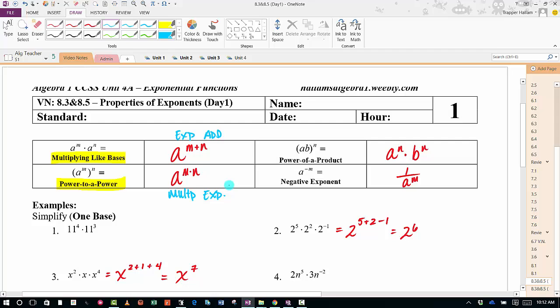All right, so the next one is what we call power of a product. What that means is that you've got a couple different bases inside, and then they're all raised to some other power. So this would be some term inside, and that's raised to some power. Every part of the term that's multiplied or divided inside these parentheses will be given the exponent that it's raised to.